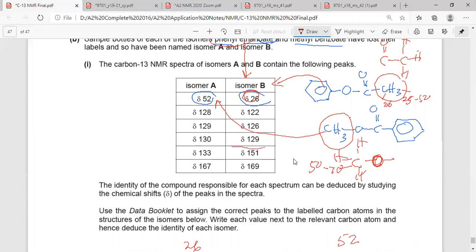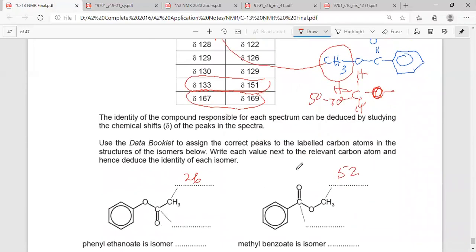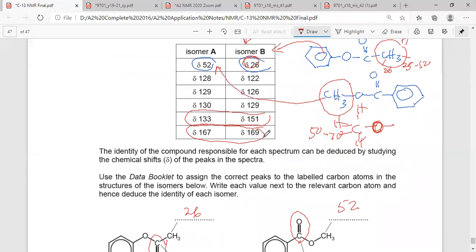The other difference is these two. Big difference. And of course, the other big difference, actually this one is a bigger difference. The biggest one belongs to what? The carbonyl group. Quite simple. 26, 169.